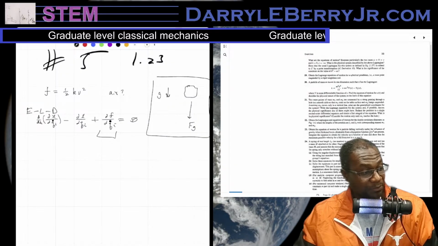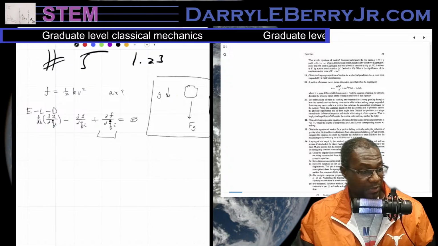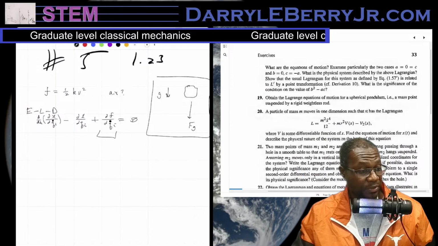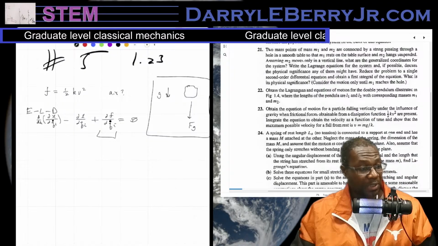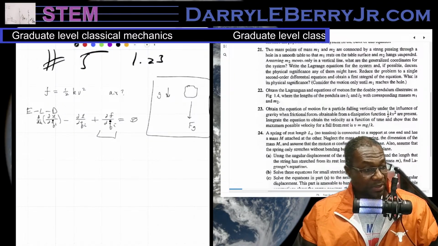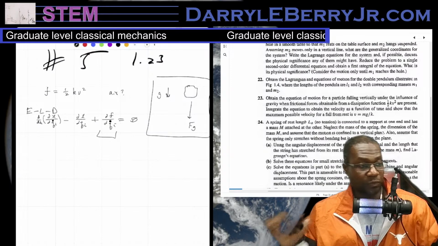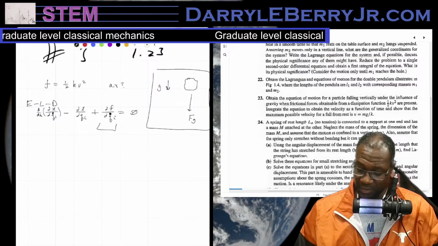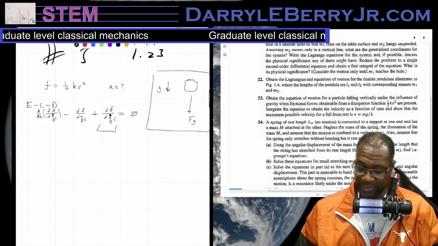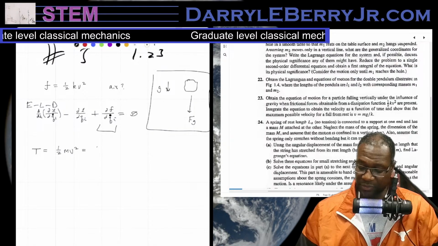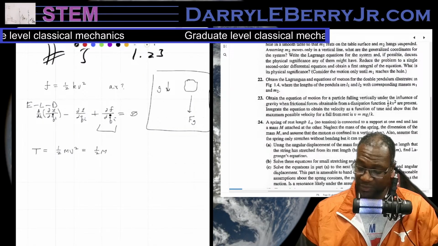Let's go back to the problem. Dissipation function, the function of dissipation. So it's not the dissipation force, it's the dissipation function. So the dissipation function is F equals 1/2 k v squared. All right, so it's falling. So we have kinetic energy 1/2 m v squared.